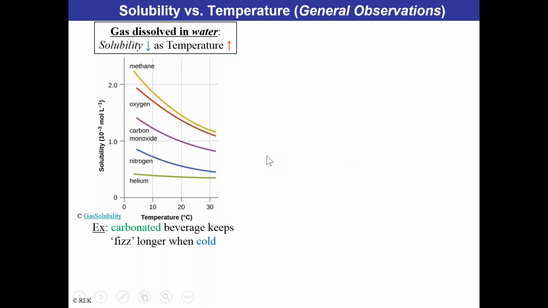That's another reason why some breweries, if you were to have beer, actually frost the glass first. You could presumably do that with any kind of carbonated beverage, not just beer. You could do that with your soda, or your carbonated water if you like that.